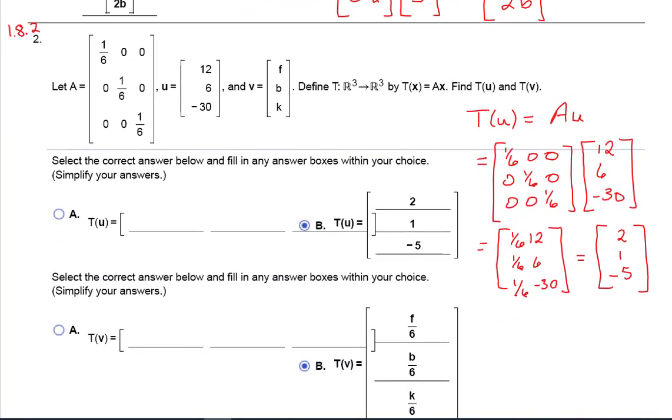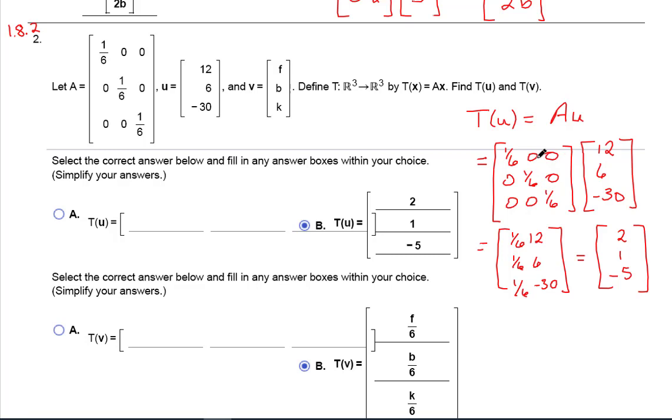All right, in question 2, we want to define a transformation from R3 to R3, where matrix A is 1/6 on the diagonal, and I want to find T of u and T of v. All right, well, T of u is A times u.